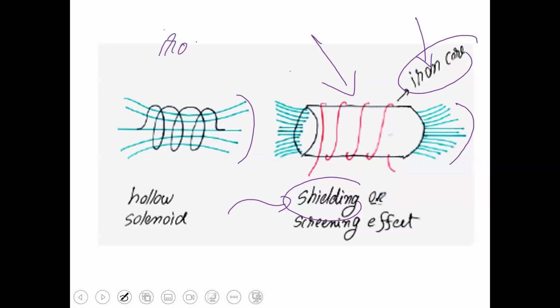Now quickly recall, I had posted this on the group also. What was the relation between iron and steel? Iron is a temporary magnet. It magnetizes, demagnetizes. What about steel? Steel becomes a permanent magnet.